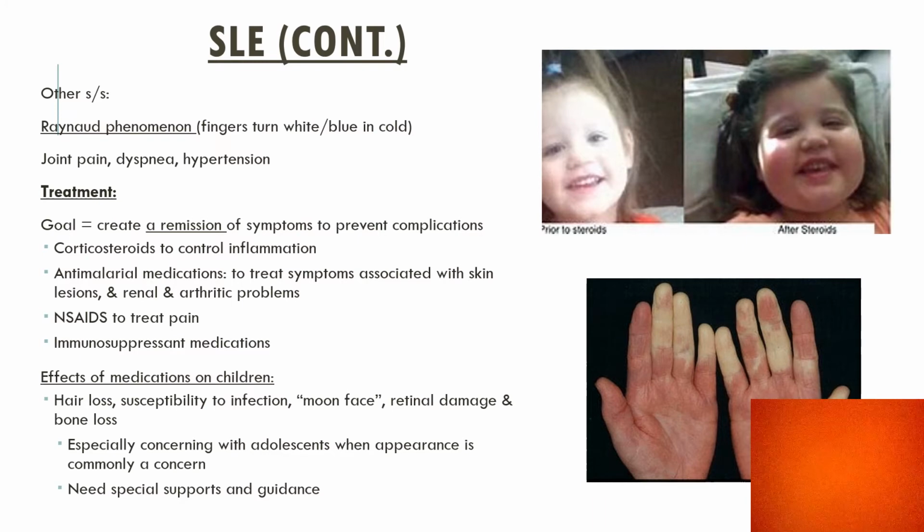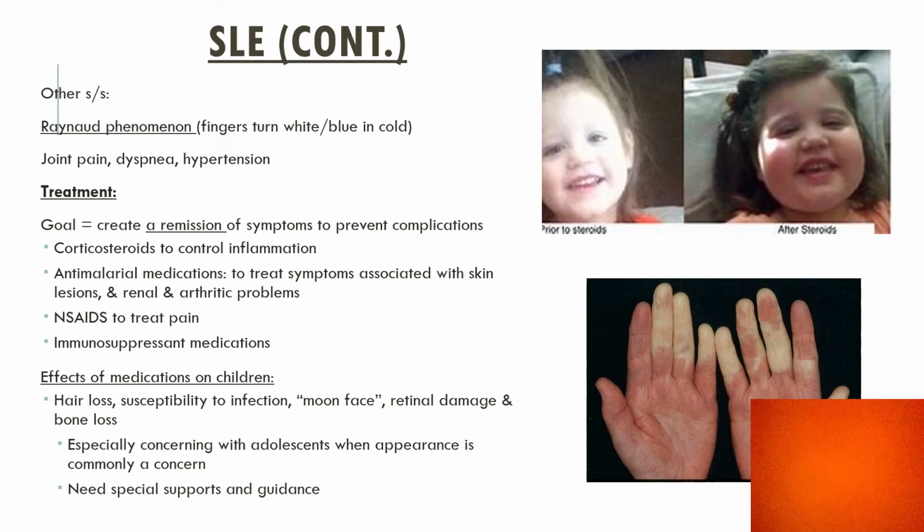They will develop that classic moon face. That top picture of that little girl showing before and after steroids is a good picture of moon face. They also go through some bone loss and become very susceptible to fractures, osteoporosis, and other things because of that. So we do need to pay attention to not only treating them, but also the side effects of the medication we use to treat them.